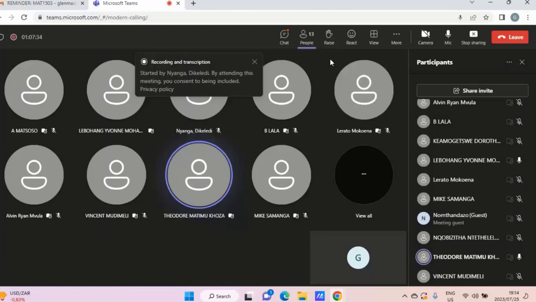So positive 1 stays positive 1, the next one becomes a negative, the next one a positive, by alternating the signs. Just be careful in the third row, first column: negative 1 gets multiplied by positive and it becomes negative. We must just make sure our arithmetic is correct. Fine? So now we've multiplied with the signs.